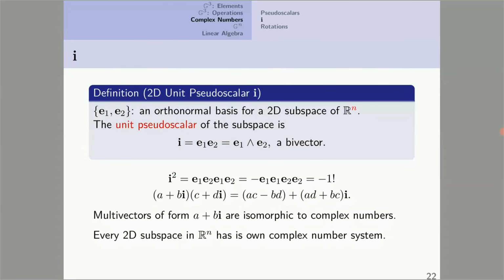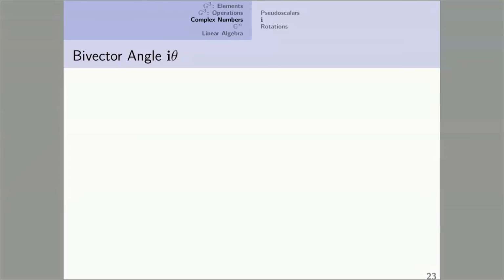Now, just a bit of language. It's a mouthful to say the 2D subspace with unit pseudoscalar I, and recognizing that a 2D subspace is a plane, I'll simply say the plane I. The bivector angle I theta.